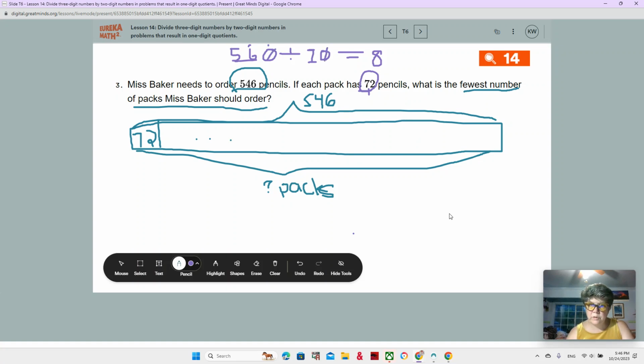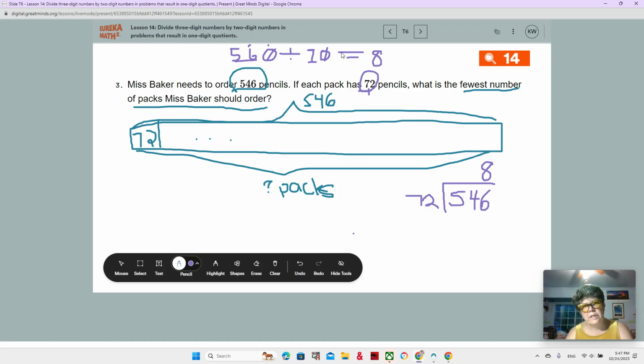So that means when we do our division, we're going to write the real number, 546, divided by the real number, 72, and our estimate is 8, right? Now we're using our estimate in the real problem because that's what we're using to break into it. We can't just come up with a number out of the blue, right?